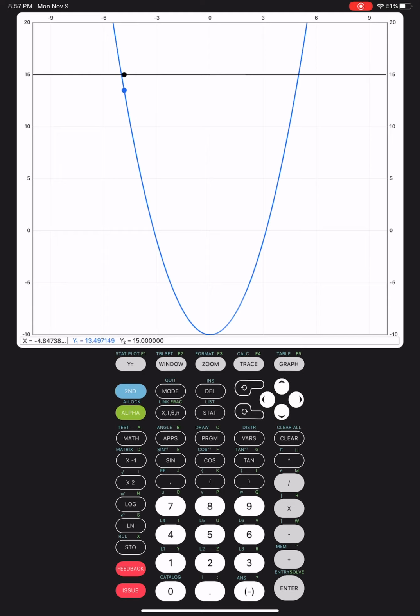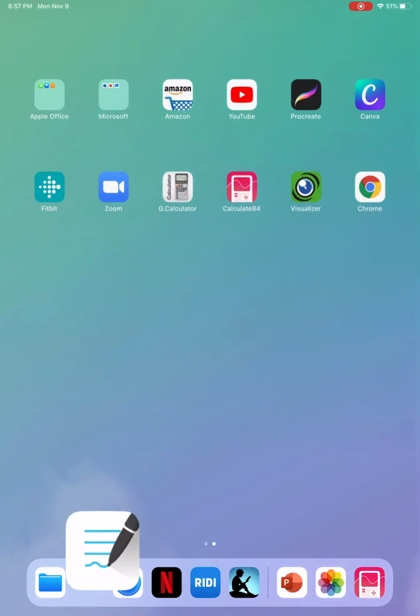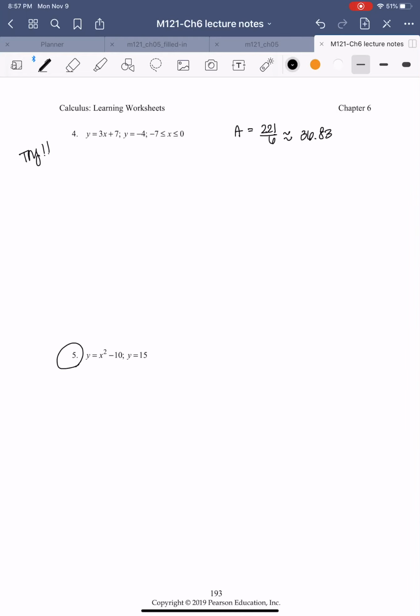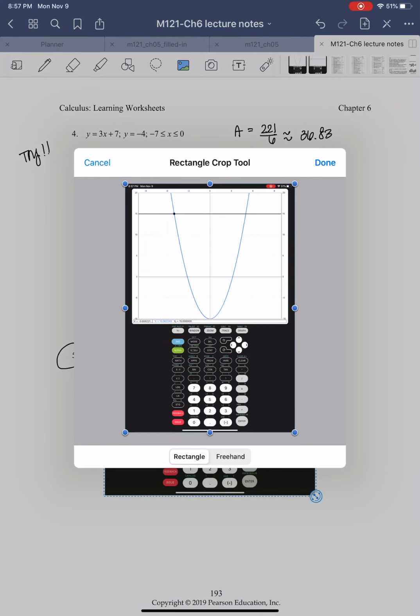Because of symmetry, and we can do the math to double check. So we have this symmetry going on, and they are intersecting twice, at -5 and 5. I'm going to capture this one and then pull it out on the notes. And let's comment about this a little bit.